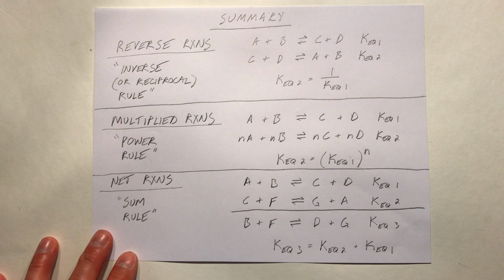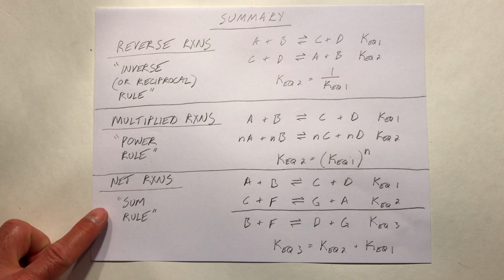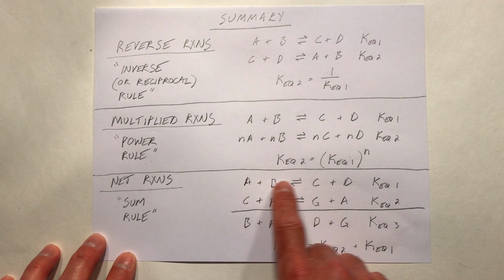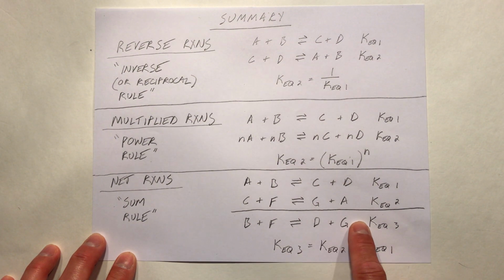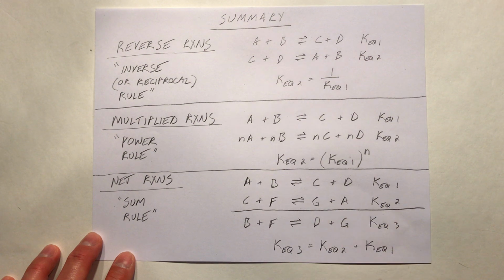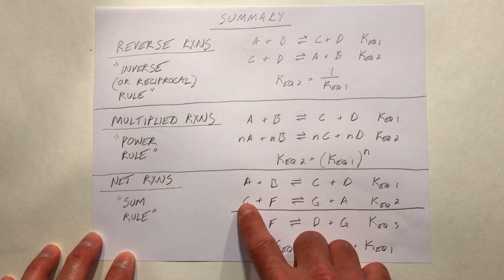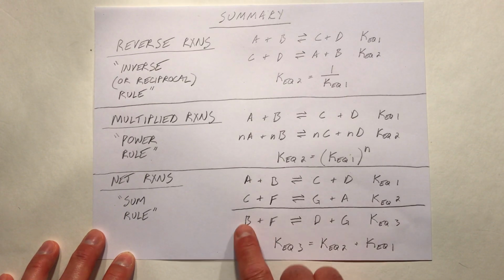And then for net reactions, we use the sum rule. So if we can add up this reaction and this reaction to get this reaction, and notice some things are typically going to simplify out. Notice that chemical C ends up canceling out, so we don't put that in our net reaction here.